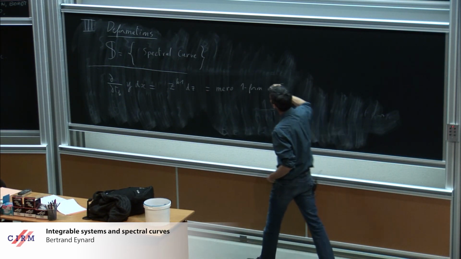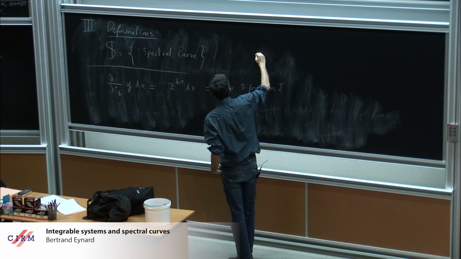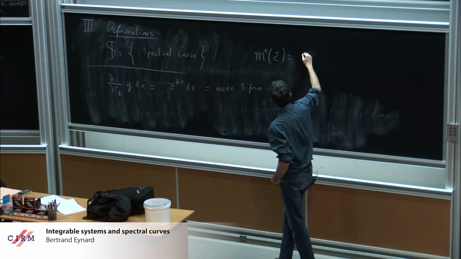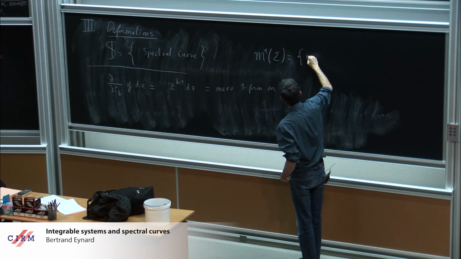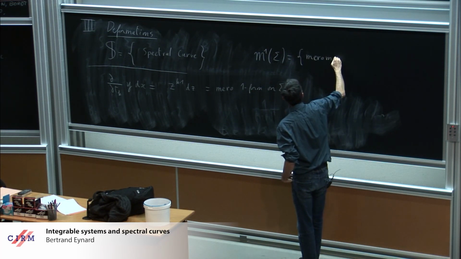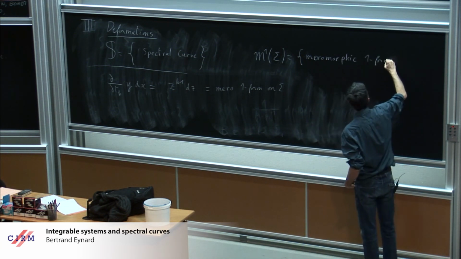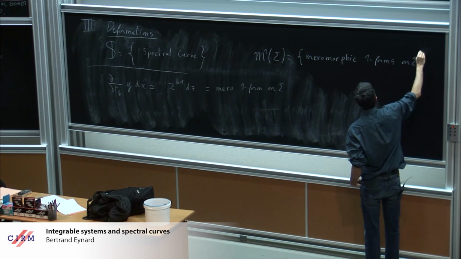Let me give a name to that. M1 of sigma will be defined as the set of all meromorphic forms on sigma.